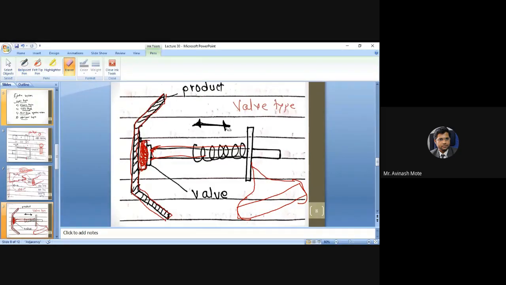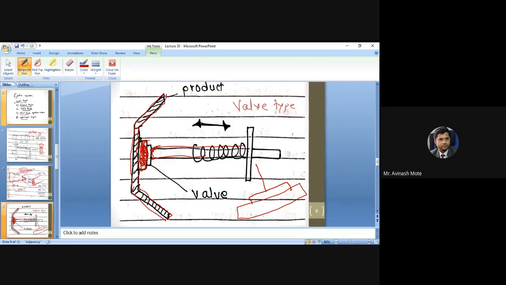Rather, what they are doing, a very simple example: if there is a very large size component, they use magnetic based lifters. A magnetic based component is kept on this surface. It will stick to the component and pick up the component. The same process in the reverse way is used here.